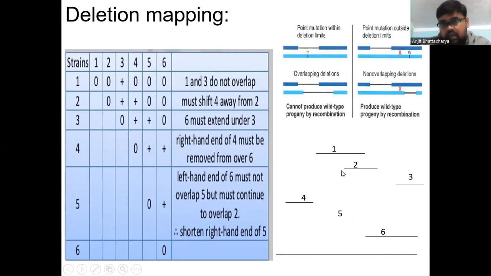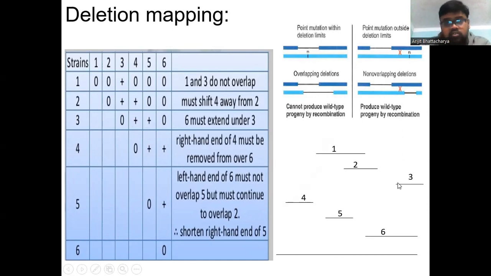See, 1 is overlapping with 2, so for 1 and 2 there is no colony. Then 4 is overlapping with 1, so for 1 and 4 there is no colony. And 1 is overlapping with 5, so for 1 and 5 there is no colony. So 1 is overlapping with 2, 4, and 5, and you can see there is no colony for 1.